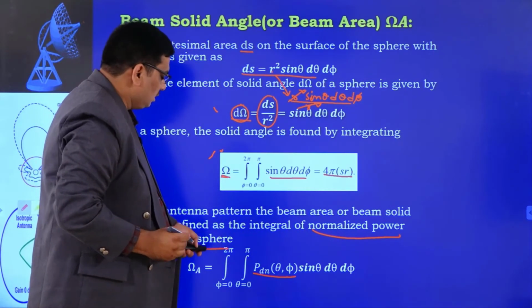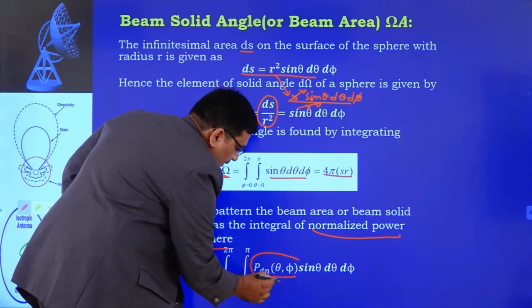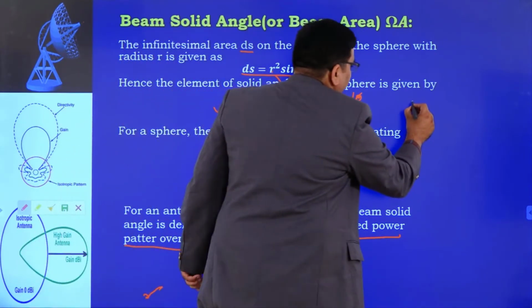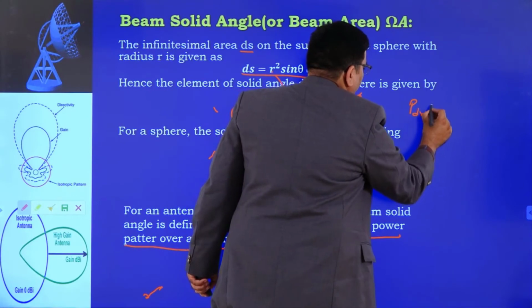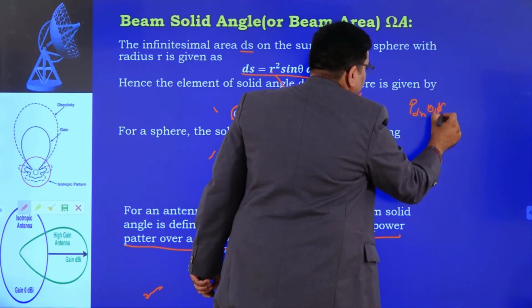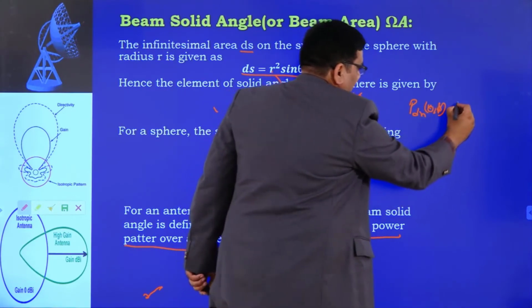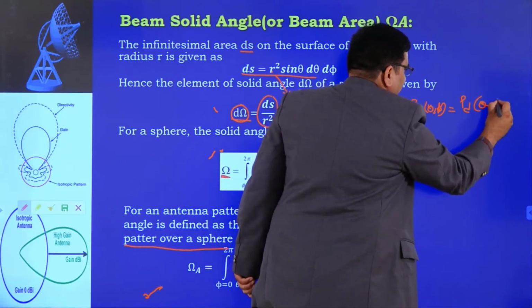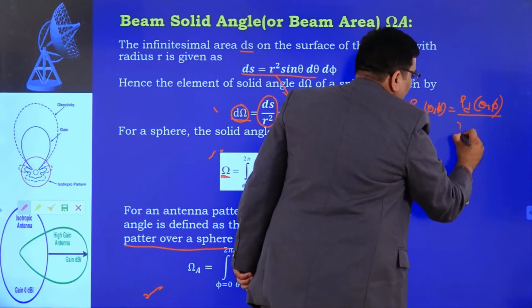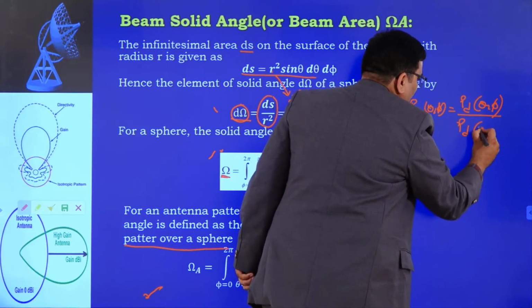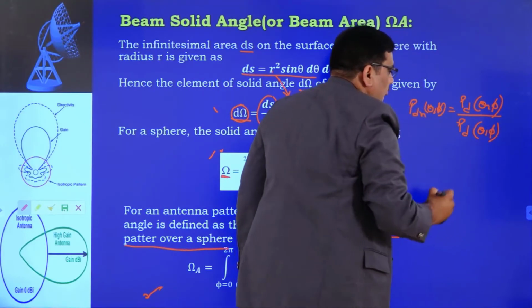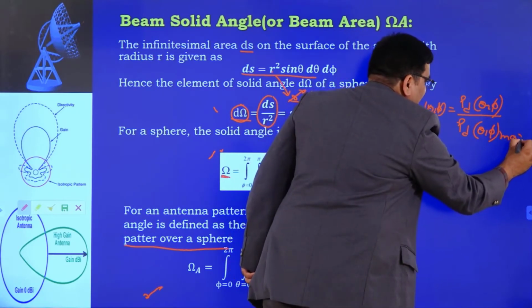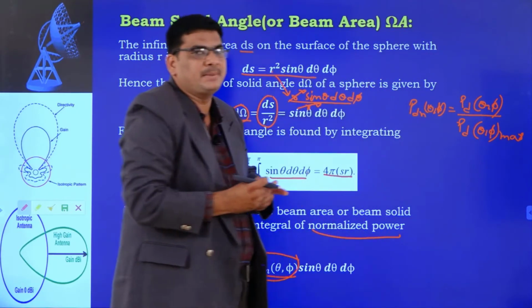So what is this normalized power pattern? When we measure the power pattern, we get many values at different angles. The normalized power pattern is the ratio of the value at one angle to the maximum power density or maximum power.